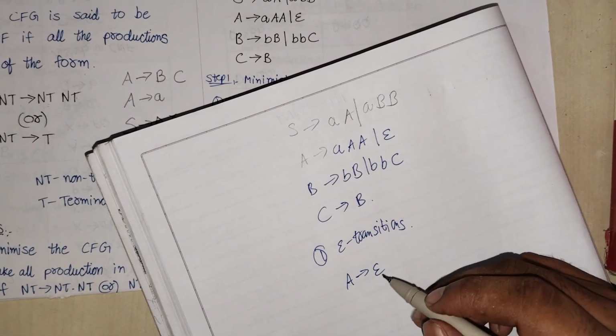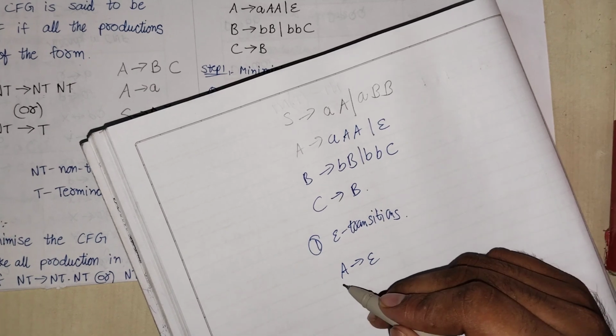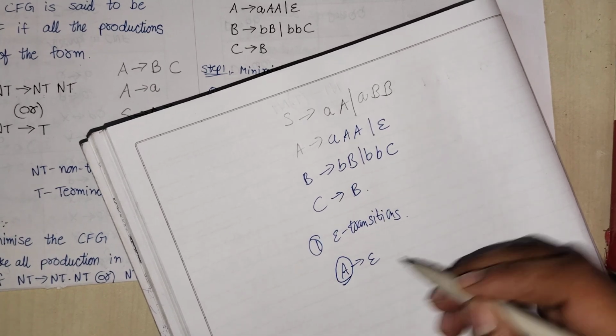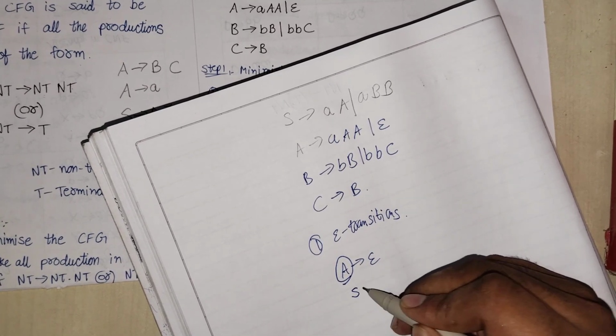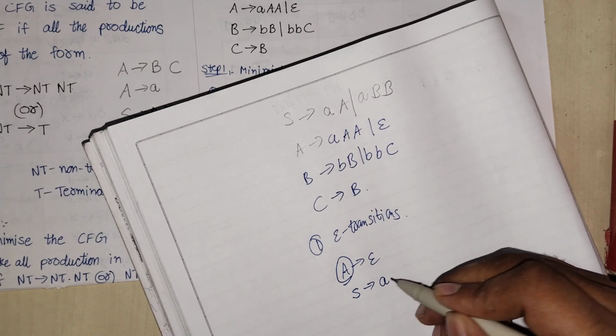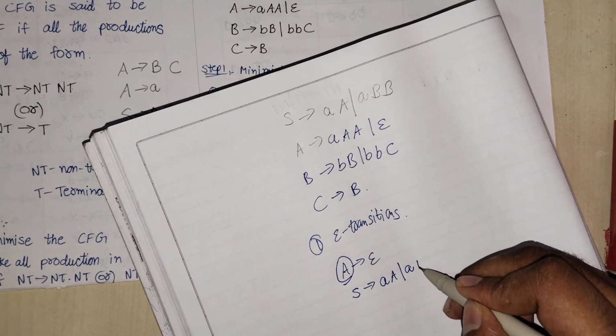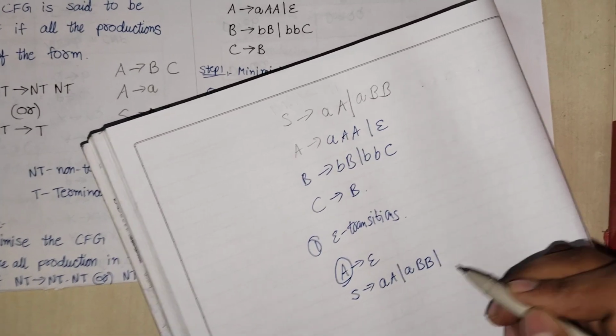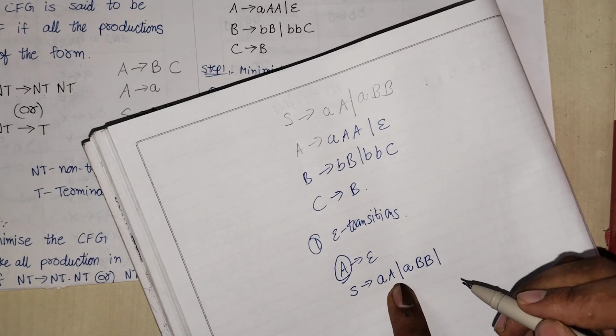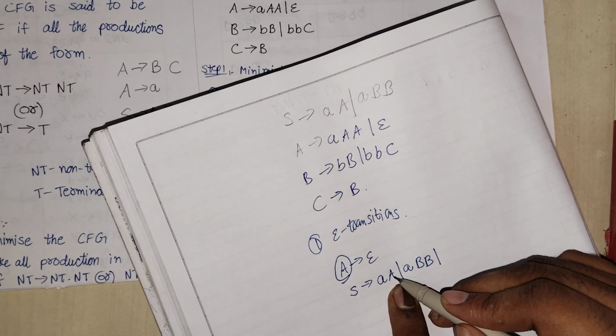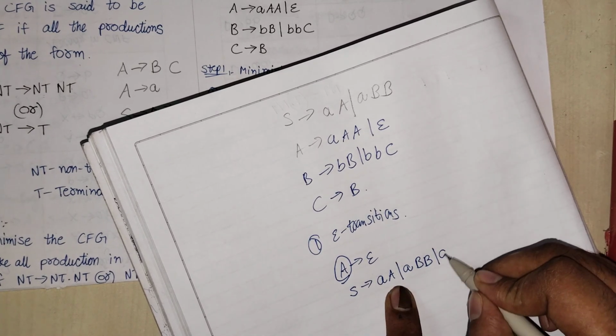To eliminate the epsilon transition, substitute epsilon wherever A occurs. So S tends to A, write the existing productions as they are, and in place of A substitute epsilon. Substituting epsilon here will give small a.